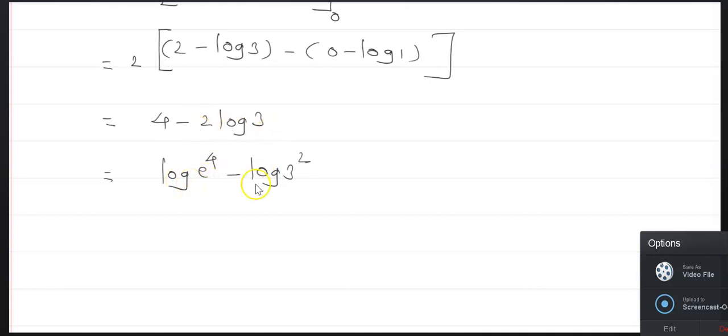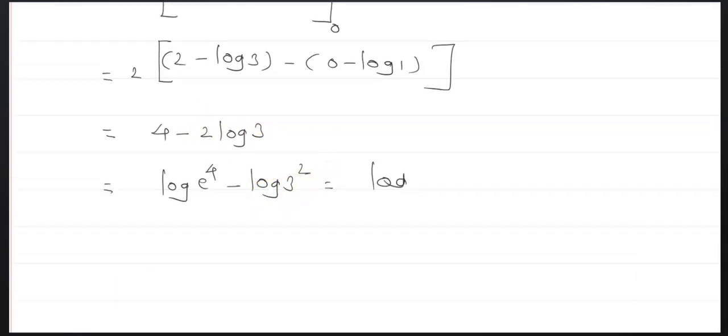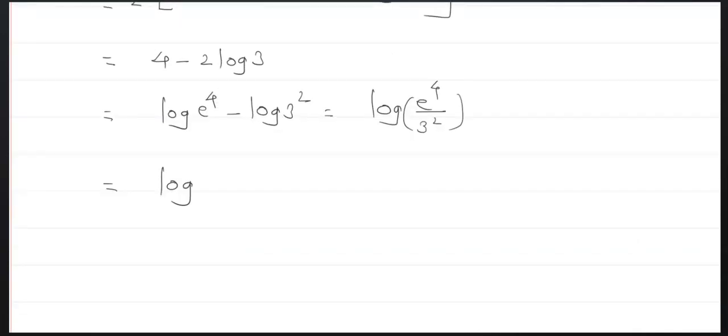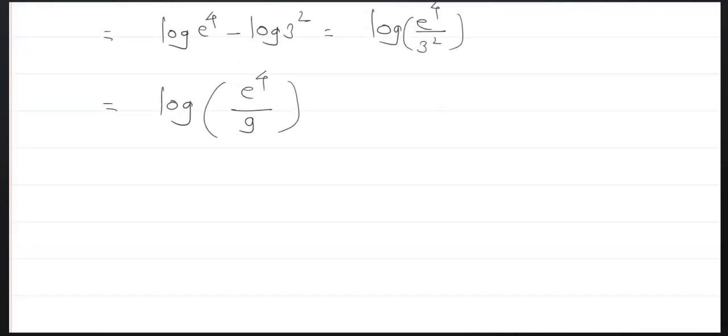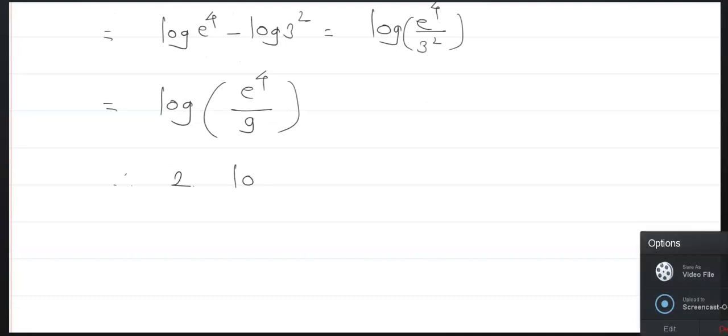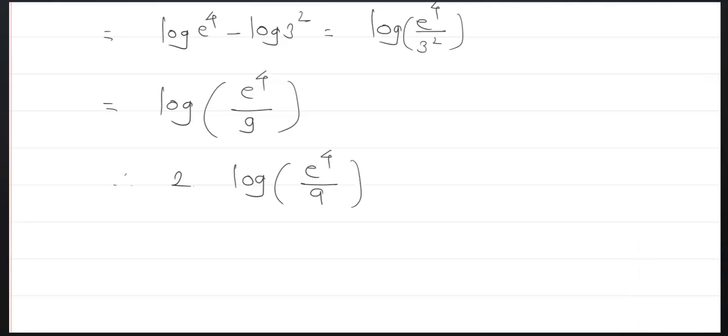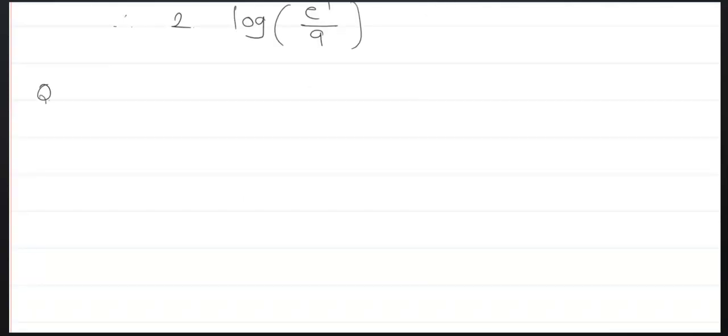And 2 log of 3 can be written as log of 3 square. Therefore, that equals log of e raised to 4 upon 3 square, that is log of e raised to 4 upon 9. And hence, option 2 is the correct one.